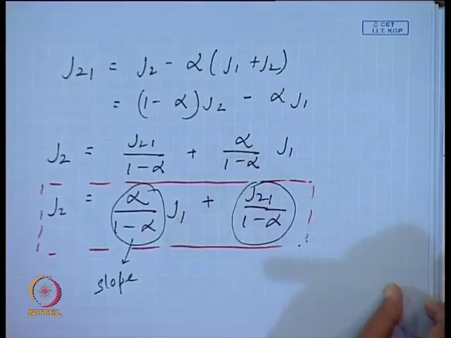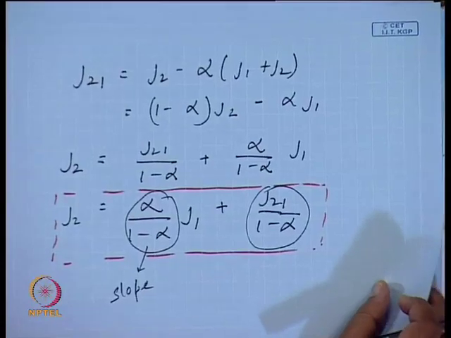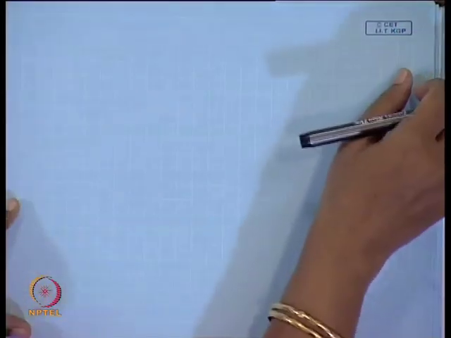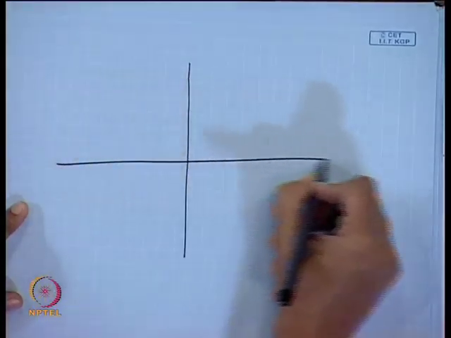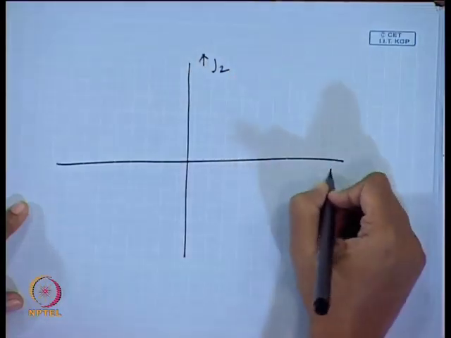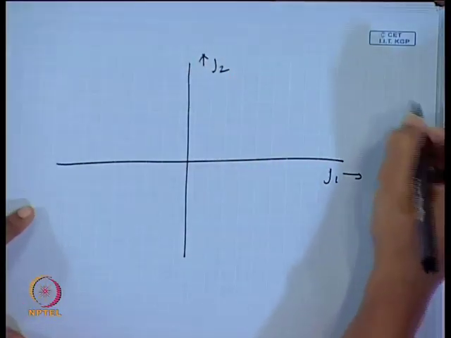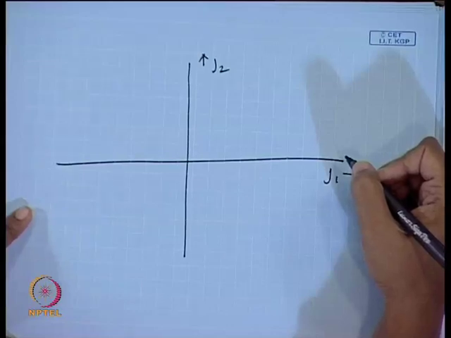Now, suppose we draw the straight lines for different conditions. This is J2, this is J1. J2 and J1 can have different positive as well as negative values, is not it?